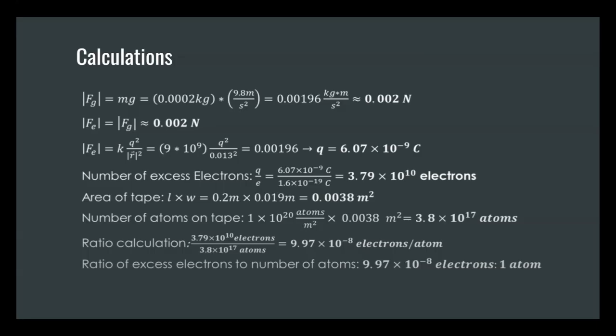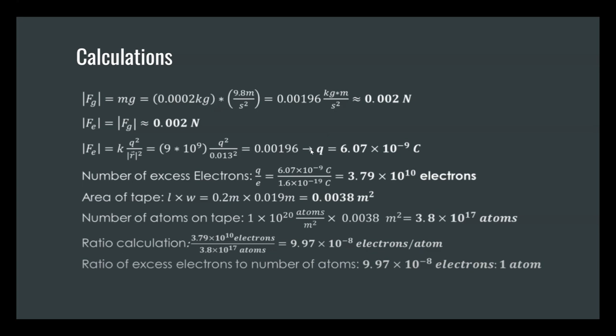For the calculations on this lab, we found the force of gravity equal to 0.002 newtons. Fe and Fg are equal to each other, so we know that they're both 0.002 newtons.